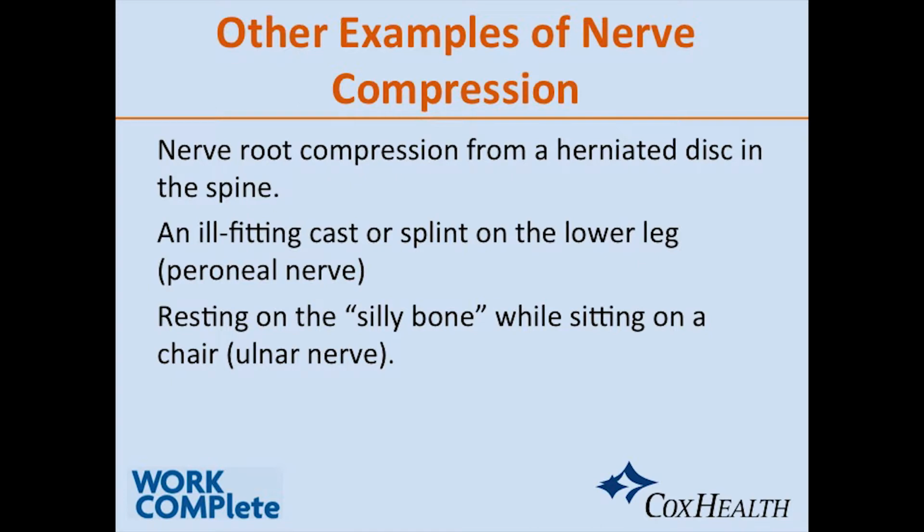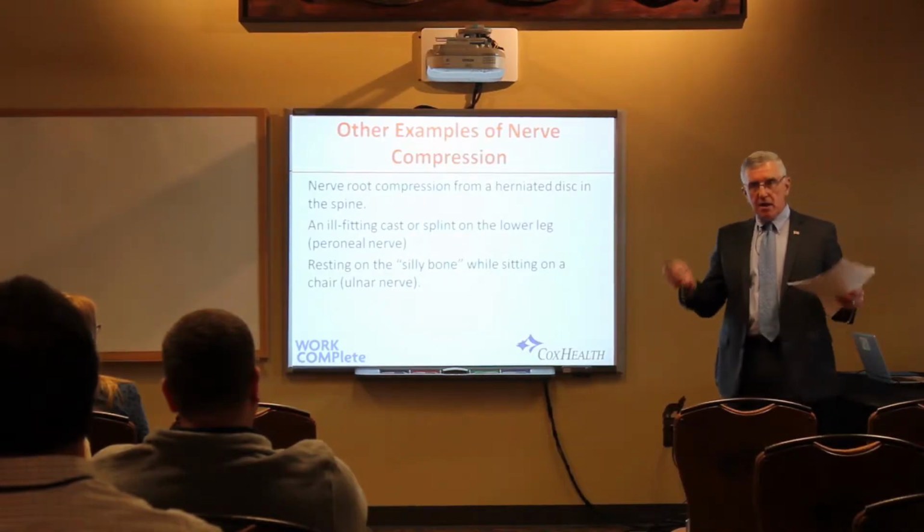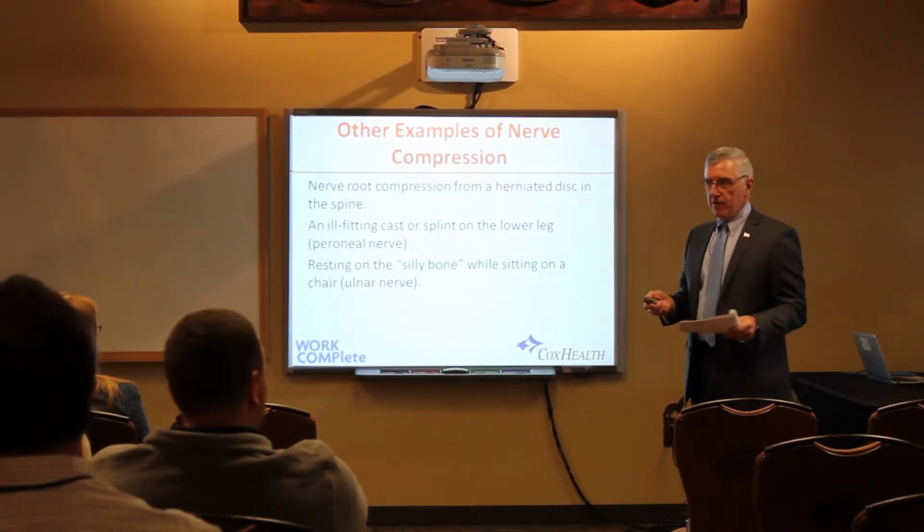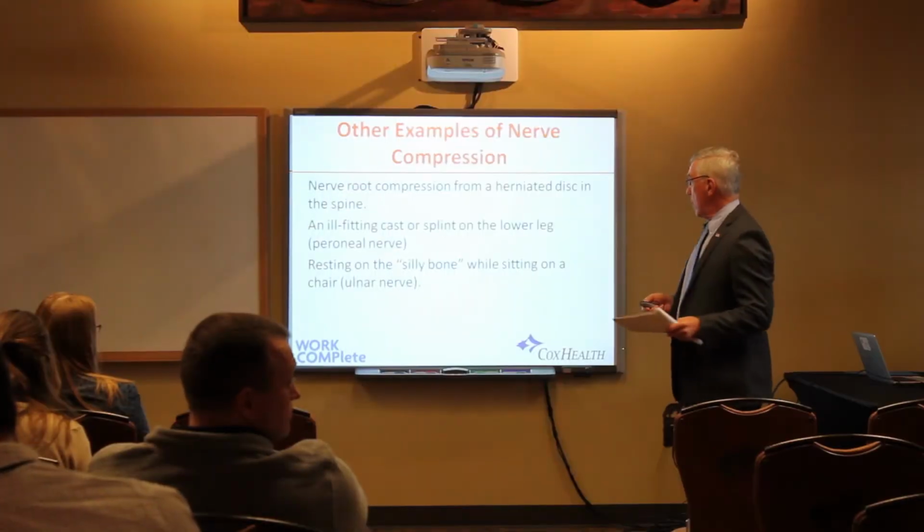The peroneal nerve in the lower leg can be compressed if you have an ill-fitting cast or splint. We've seen that. A lot of us have seen the ulnar nerve be compressed. The ulnar nerve is called the funny bone. All of us have hit it at one time or another. And that compression on the nerve causes all sorts of problems. So just remember that compression on the nerve is not going to help that nerve along at all.